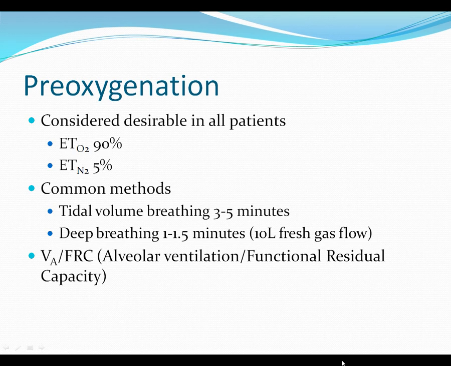So if patients don't have much FRC, are they going to desaturate fast or slow? Fast. But they'll pre-oxygenate fast too. But it just won't help you very much. If breathing really slowly, obviously it'll take longer to pre-oxygenate than if they're breathing quickly. So that's this ratio.